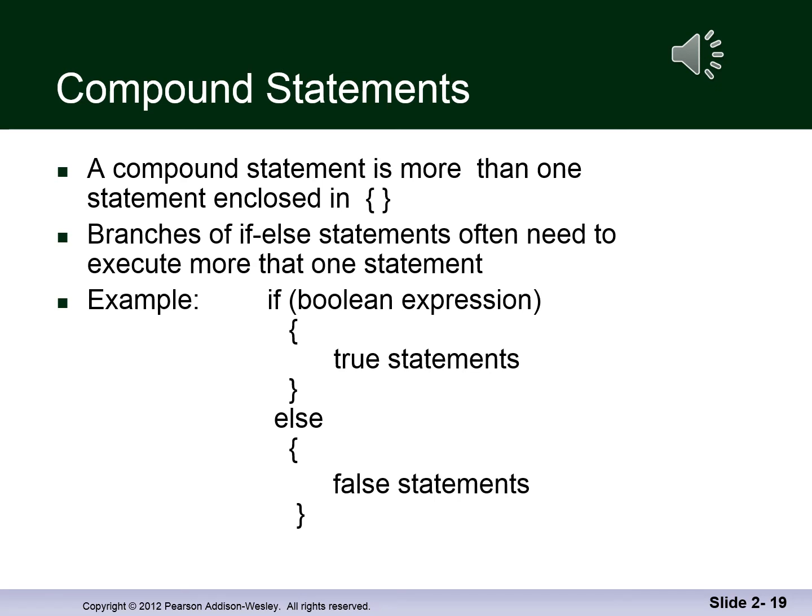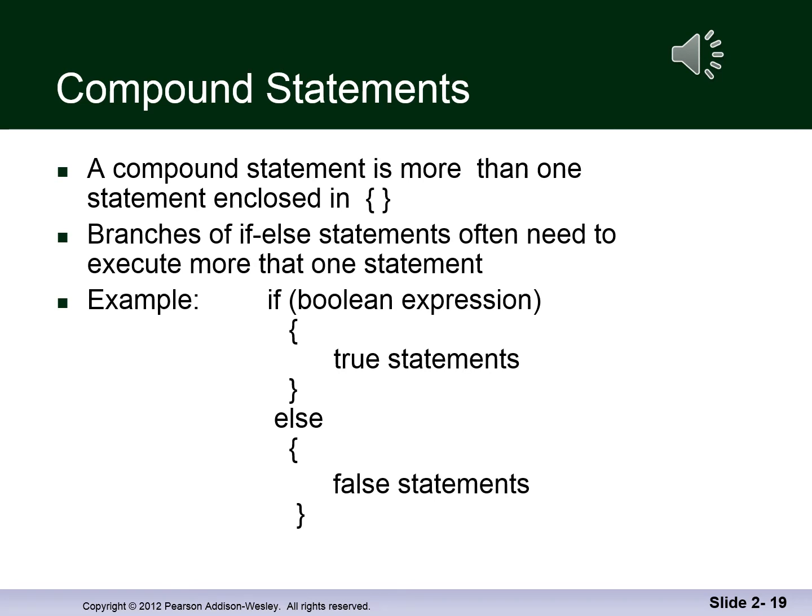Those statements need to be within brackets. So here's an example. If the Boolean expression, and then the statements that get executed if the Boolean expression evaluates to true are in brackets if there is more than one statement to be executed. And that also goes for the else or false statements. If there's more than one statement or line of code to be executed, you must put them in brackets.